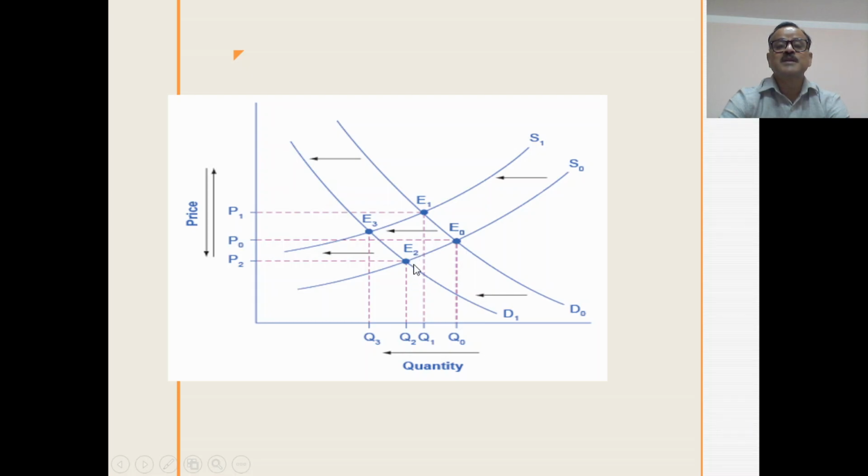This shifted demand curve meets the supply curve at E2, quantity is Q2, and this meets the shifted supply curve at E3, then quantity again decreases to Q3, and price goes a little bit upward. It may go more than P0. So this is the simultaneous change in demand and supply, which are changing at a time.